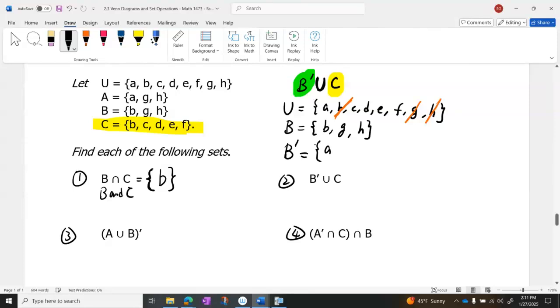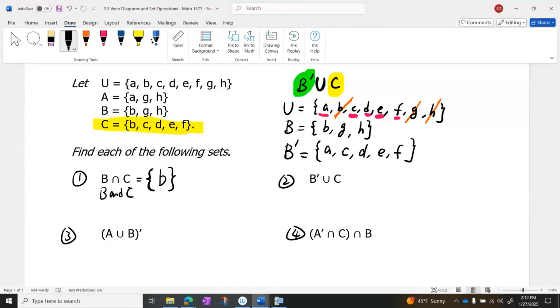I can color them. A is here, C is here, D, E, F, right? So B prime is A, C, D, E, F.